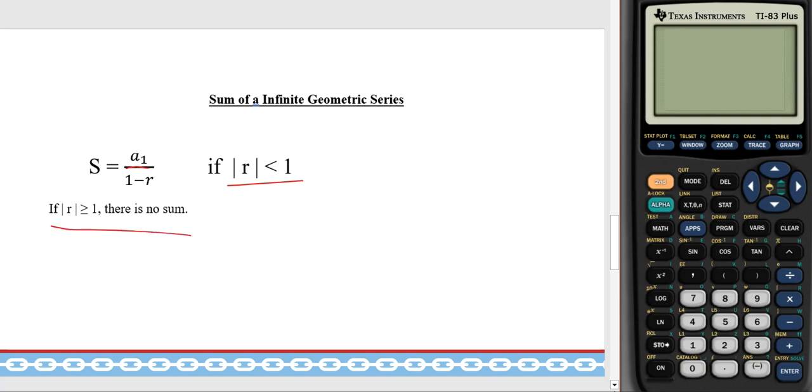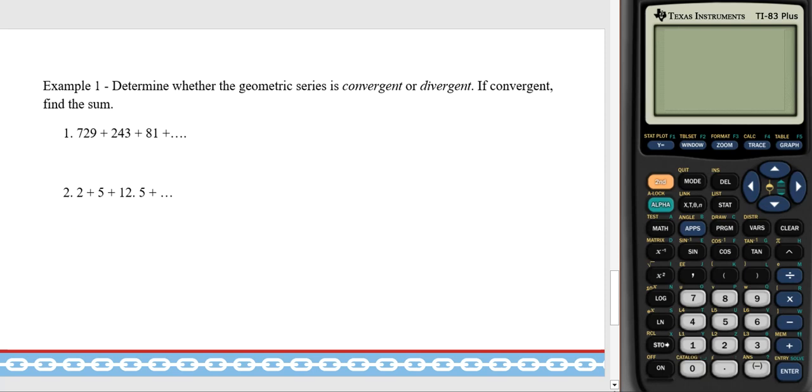So we are going to look at a couple of examples here. So you use the calculator. For number 1, we have a first term of 729, a second term of 243.